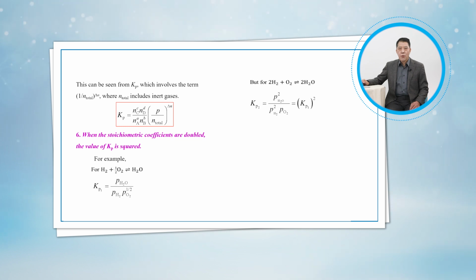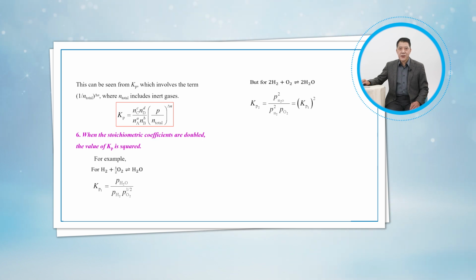Therefore, when one is using Kp values from a table, for example, table A20 in the appendix, the stoichiometric coefficients used in a reaction must be exactly the same ones appearing in the table from which the Kp values are selected.